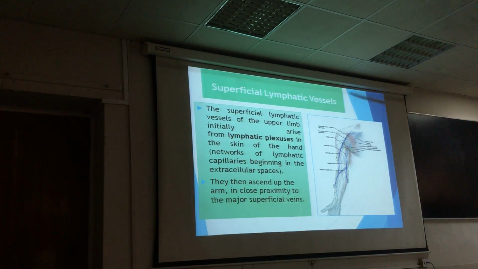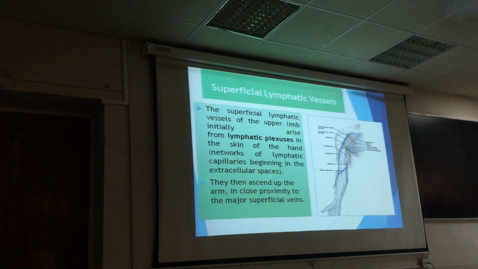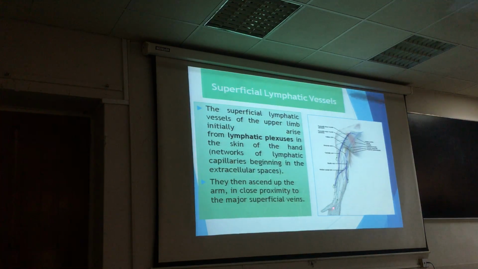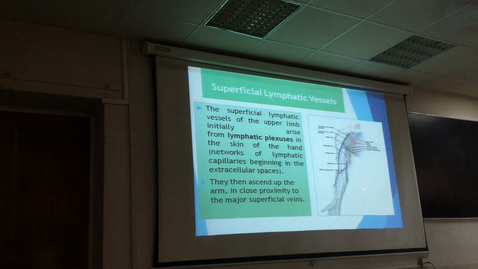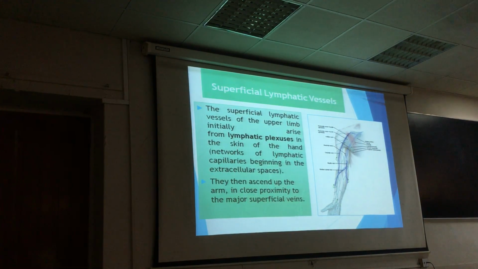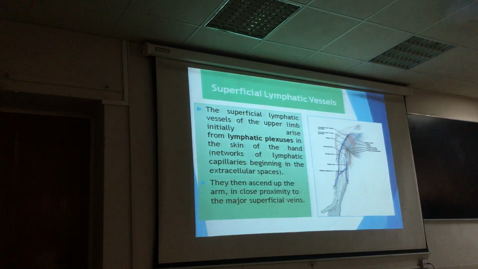They lie very superficially, just underneath the skin, and form a network in the extracellular spaces of the hand. Through this, the superficial lymphatic vessels are formed. How? By the network of the lymphatic plexus. And where does this lymphatic plexus lie? In the hand superficially, forming a network of plexus known as the lymphatic plexus.